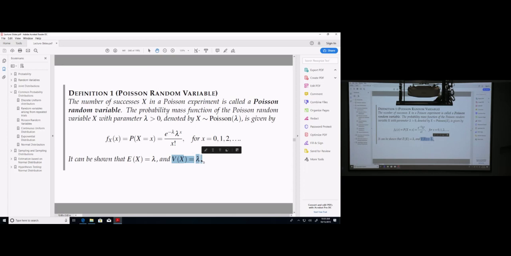But if the mean of the binomial and the variance of the binomial differ a whole lot, then it's not justifiable to use Poisson to approximate this, and you should use normal approximations. So we will come to this sooner or later, and it will be revisited when we talk about the next chapter under the central limit theorem.